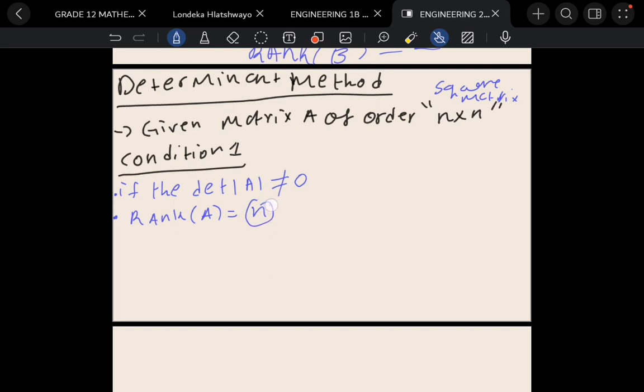Now, this n is actually the order of the matrix, which is the number of rows and the number of columns. The rank of A is equal to n.